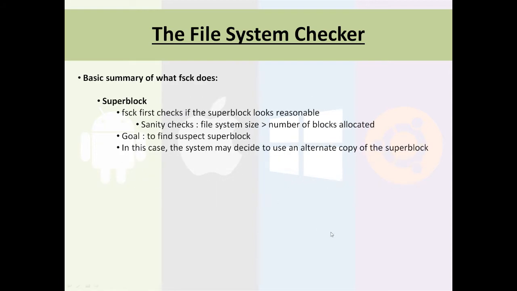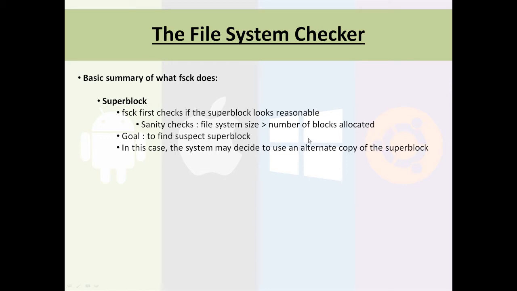So let's have a look at the basic summary of what fscheck does. In terms of the superblock, fsck first checks if the superblock looks reasonable. It mostly does some sanity checks, such as making sure the file system size is greater than the number of blocks that have been allocated.